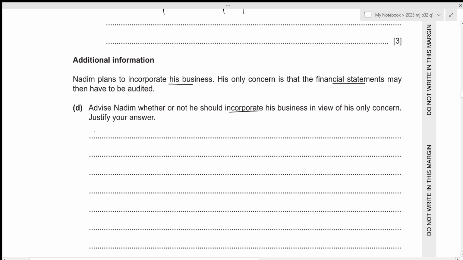Let's write it down. Audited financial statements are more credible as it shows a true and fair view of the business.